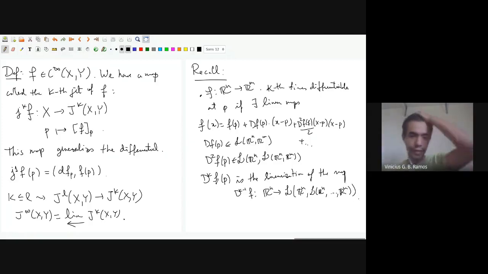So you can think of d^k f at p as being some kind of multi-matrix, an n by n by ... by n by m matrix.